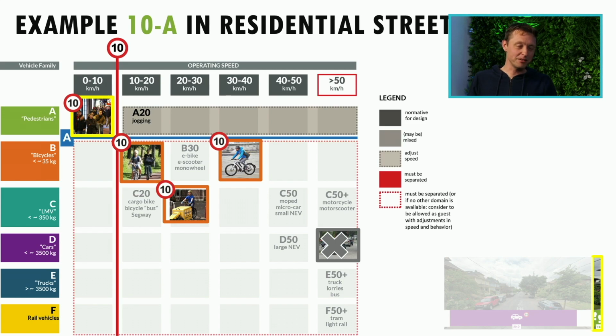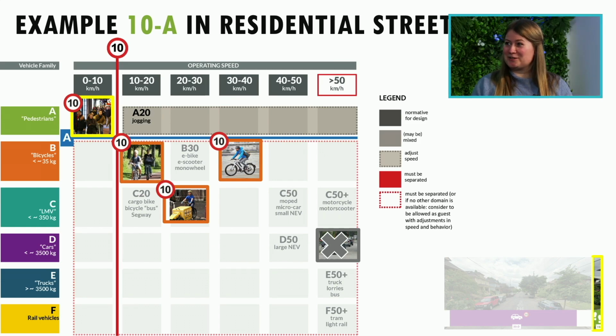So you are allowed, but you have to drive very slow. So this is not ideal for the pedestrian and not for the bikes either. No, and especially not in the tiny amount of space. In this case, that is the 10A domain.